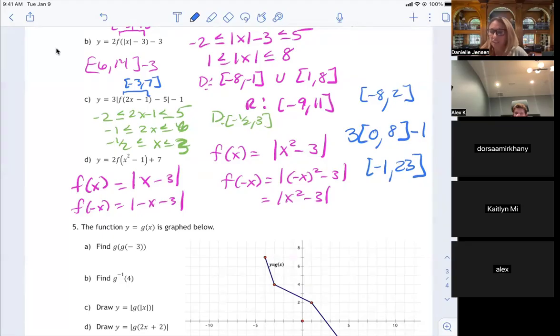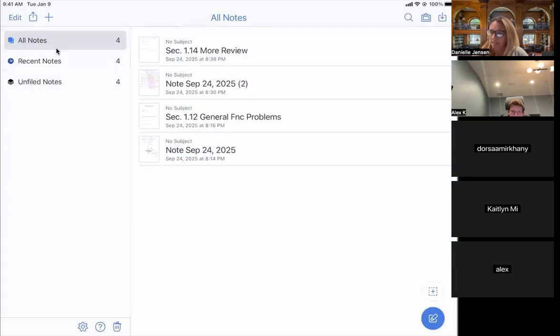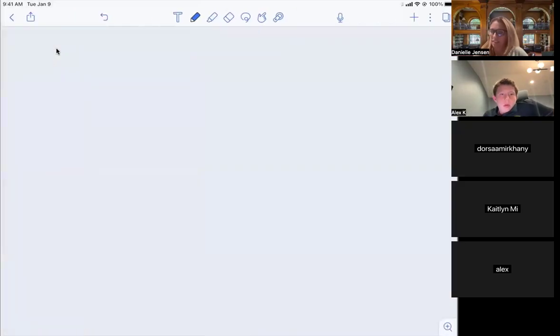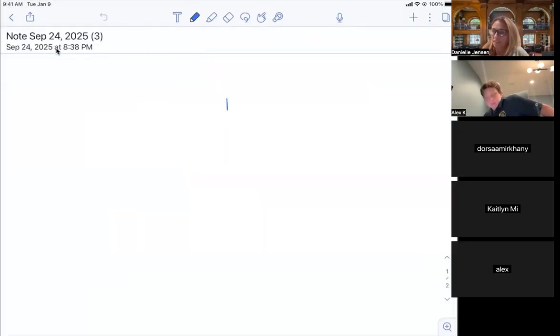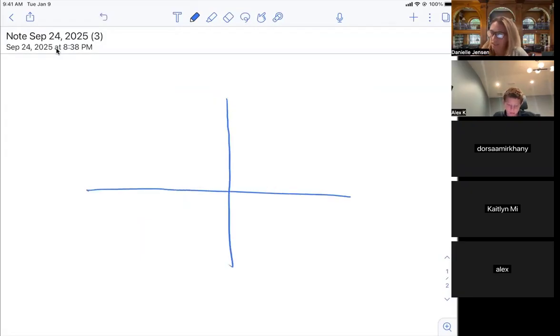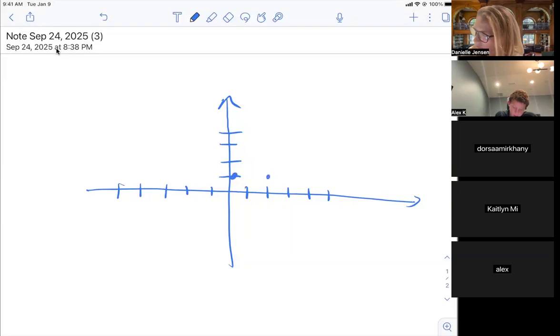Okay, I'm going to give you a little challenge here, because someone asked for this. See how you do with this. Again, it requires me to graph, which is not the best.